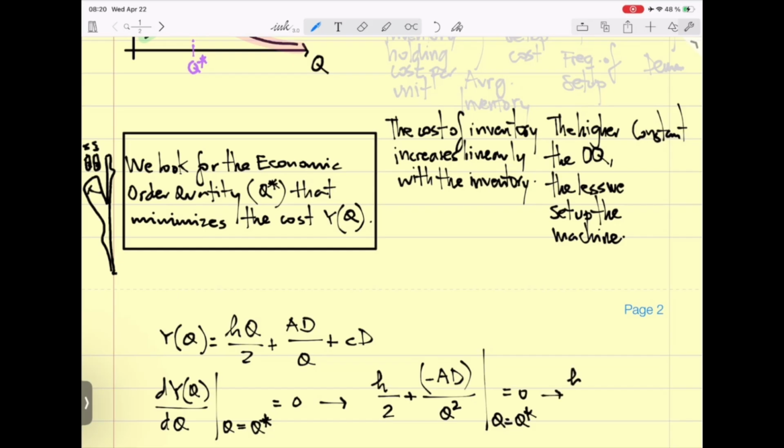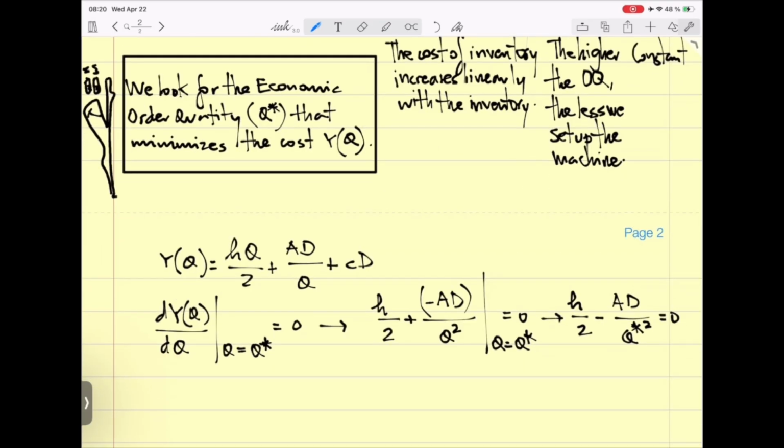So h divided by 2 minus ad divided by q star square equals 0. We can say q star of model 1 is the square root of 2 times ad divided by h.